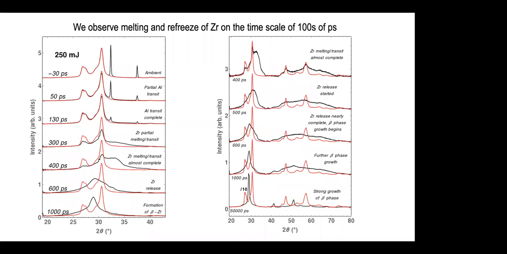Okay, and then I just wanted to show a couple of our zirconium results before we get to the HOPG. Basically, we did see melting of zirconium, and then at longer time scales we saw that refreeze to beta zirconium. Now, this is not really a comprehensive illustration of all of the data we took.